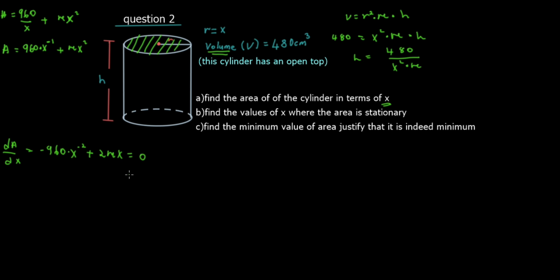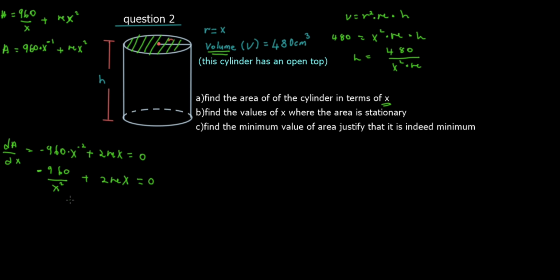Now you can equate it to 0 to solve for x. It will be -960 over x squared plus 2 pi x equals 0.